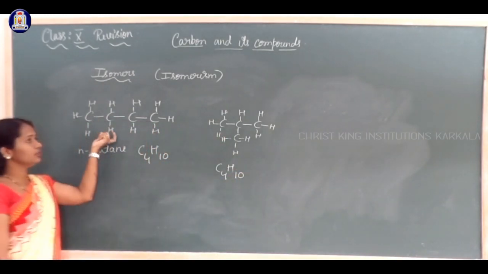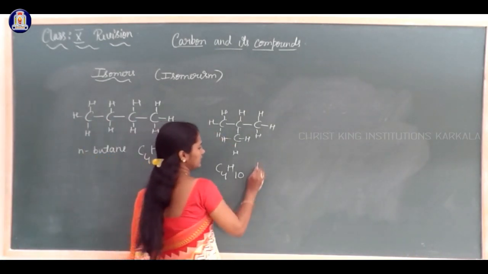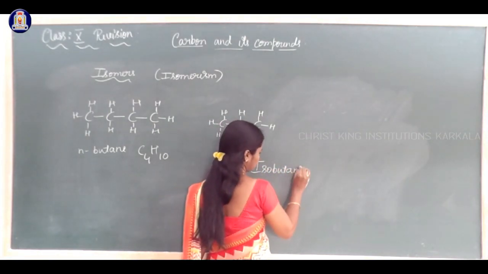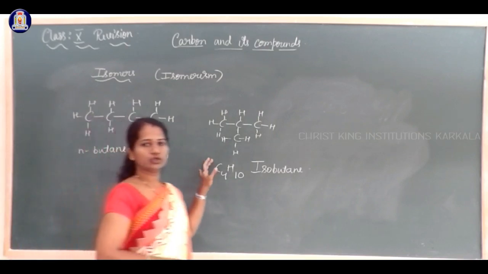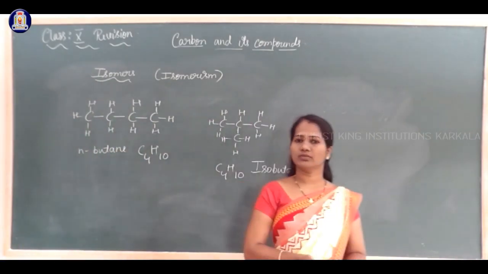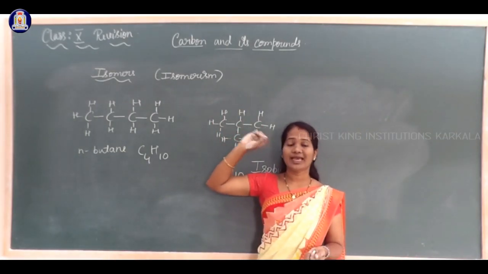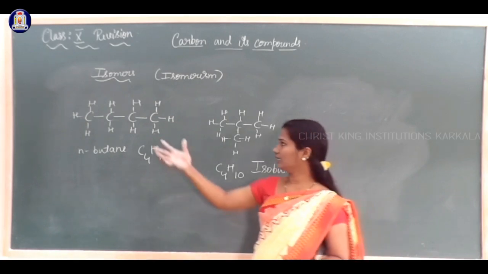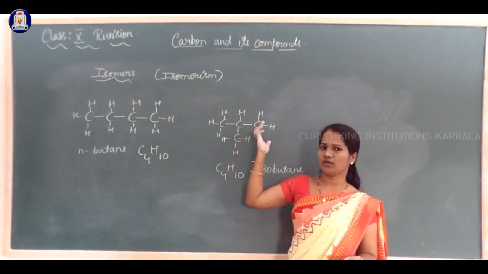C4H10. But what is this name? This is N-butane or normal butane, but this one is named isobutane. This is normal butane, this is isobutane. So the same compound, butane, can have its structures written in 2 ways: in a linear chain of carbon as well as a branched chain of carbon.